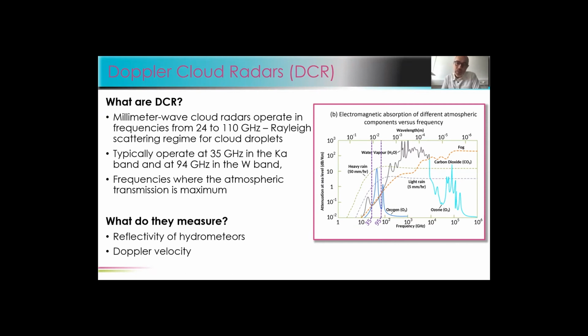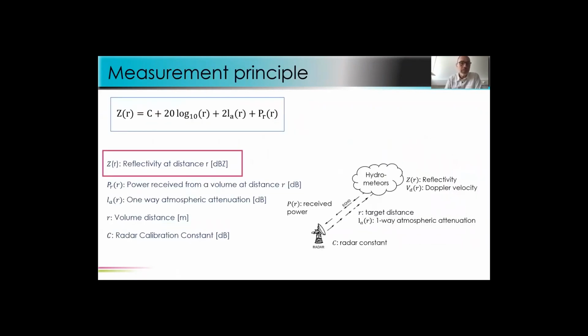And at these frequencies, the main attenuation actually comes from the larger precipitation droplets.